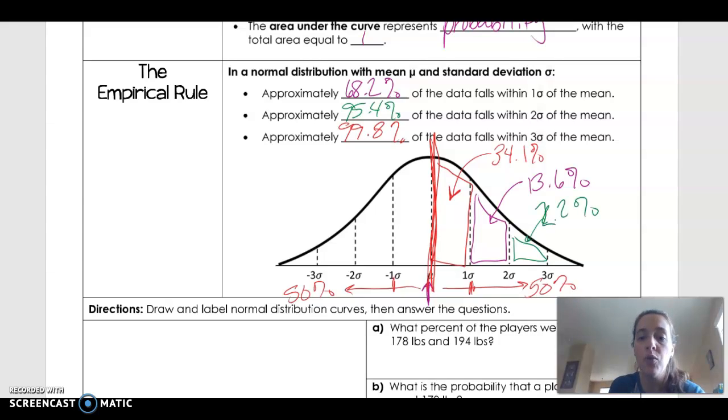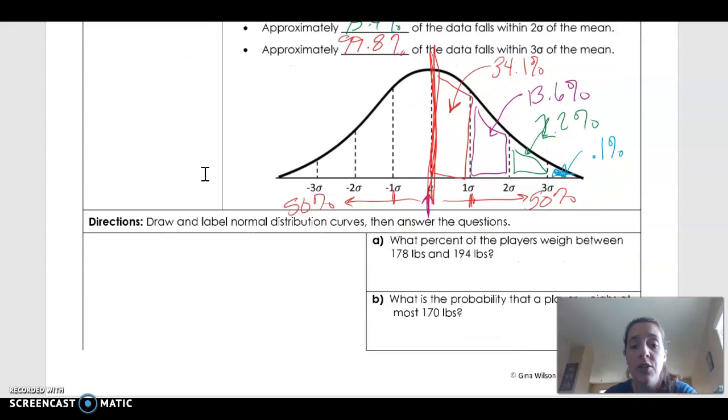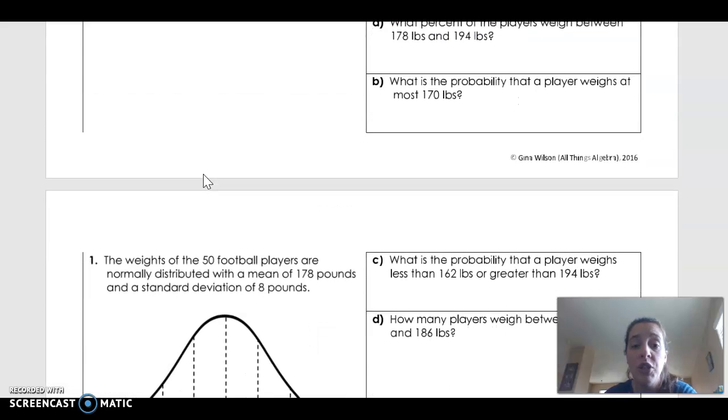And there's some data that's way outside, but it's a very little 0.1% of my data that falls outside those 3 standard deviations. Think of taking this distribution curve and folding it in half so these numbers can go on this side as well. When we're using standard deviation, we always want to first draw our distribution curve.